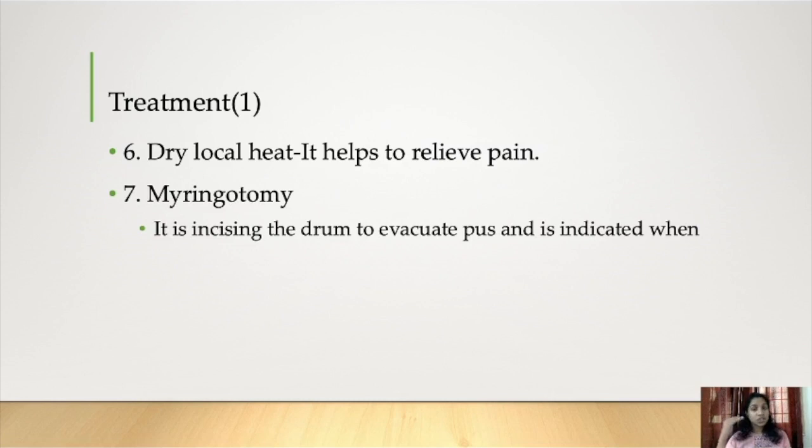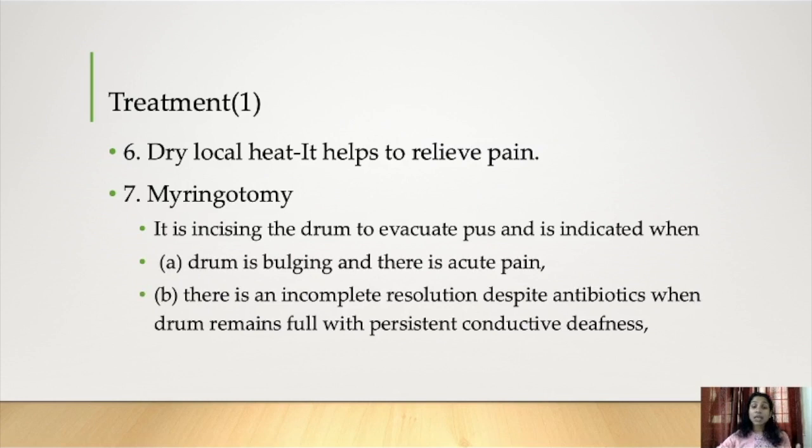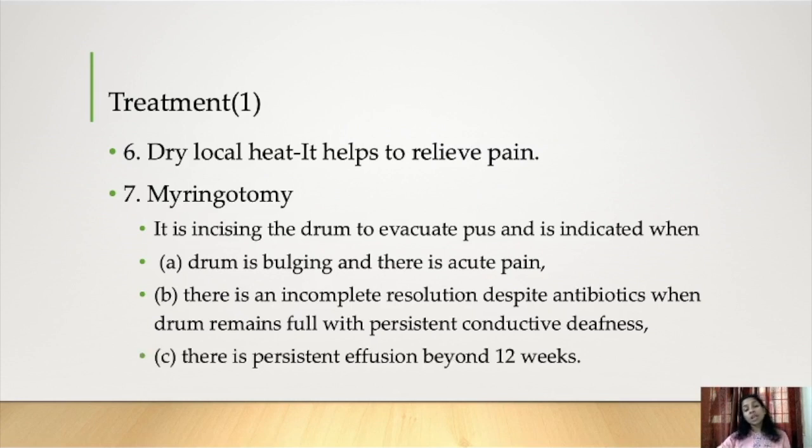Myringotomy, it is the incision. It is incising the drum to evacuate the pus, and is indicated when the drum is bulging and there is acute pain, or there is incomplete resolution despite antibiotics, when the drum remains full with persistent conductive deafness, and there is persistent effusion beyond 12 weeks.